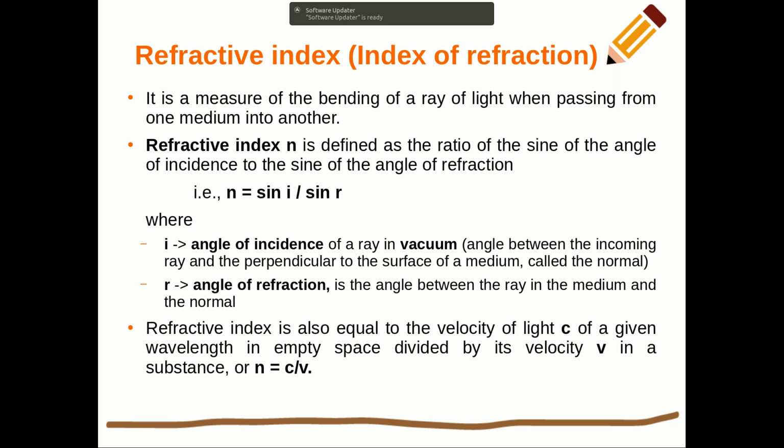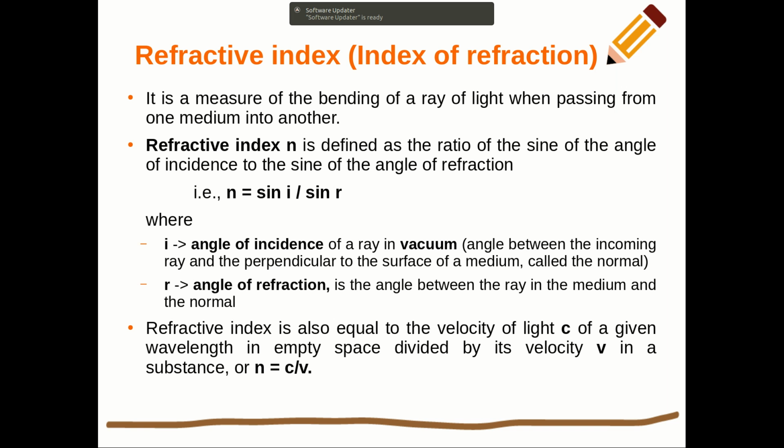When we are transmitting a light wave through that medium, the velocity at which it travels through the medium is v, and in empty space the velocity at which light moves is c. So take c by v, and that will also give you the refractive index.